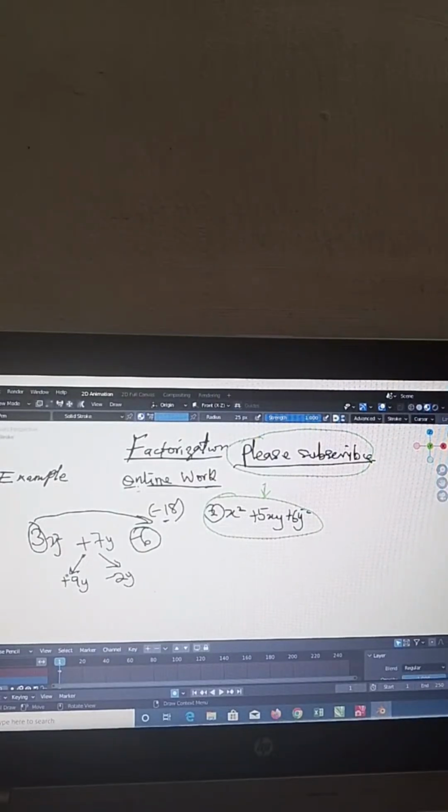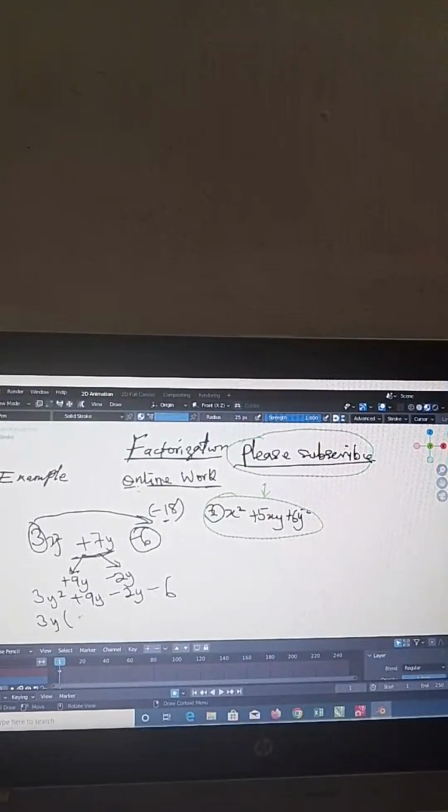So I'll use this 2 to replace this 1. If I replace it, I'm going to have 3y squared plus 9y minus 2y minus 6. So what is common? 3 is common, y is also common.